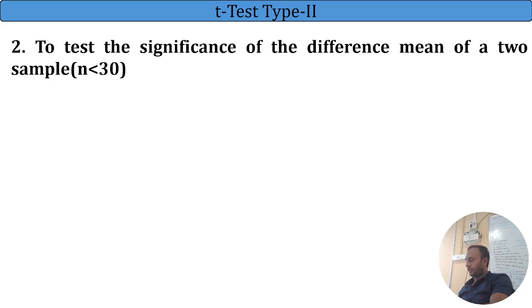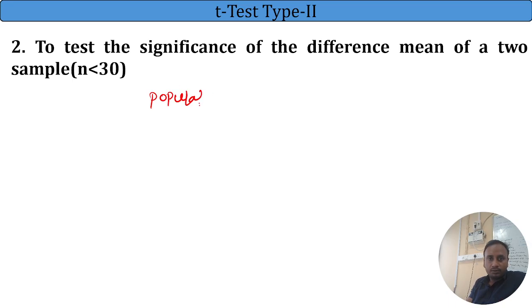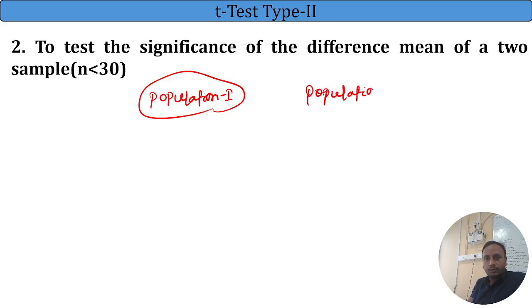Now we'll go to when we have two populations. Till now, we have discussed only one population, and we have drawn the mean, and we did not bother about the standard deviation. Now we have population one and population two.